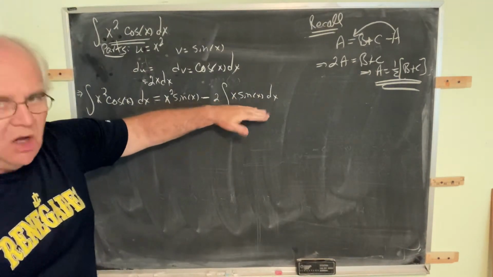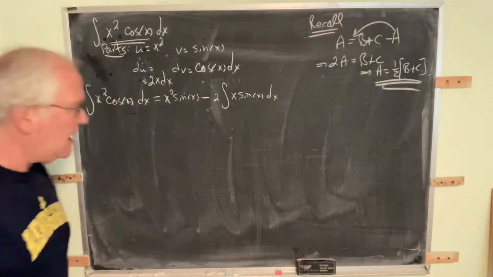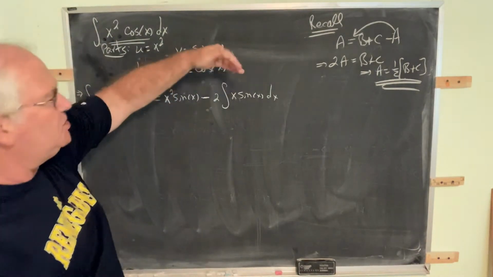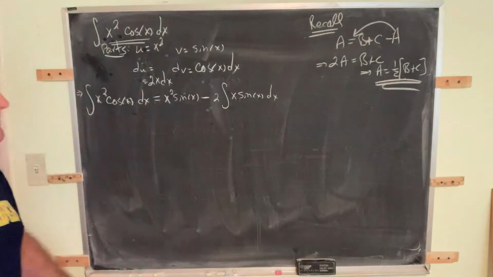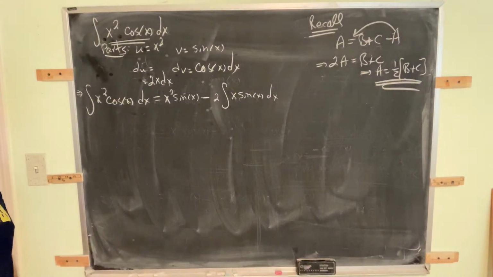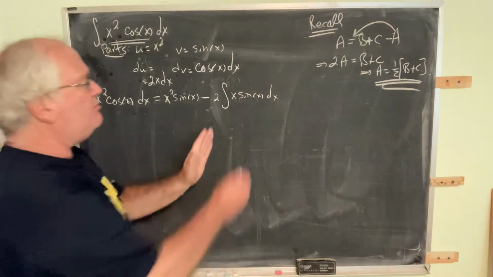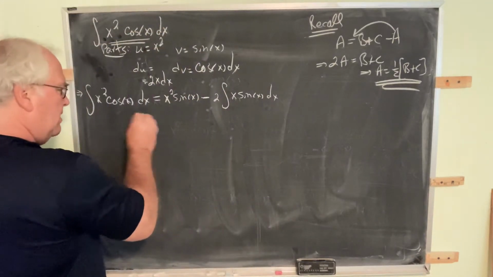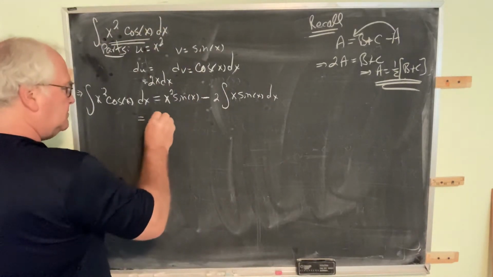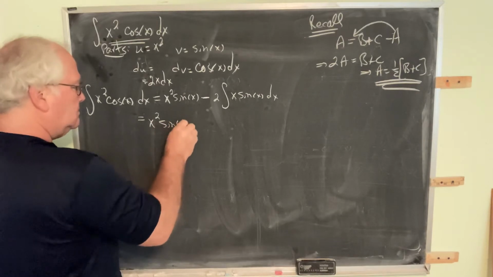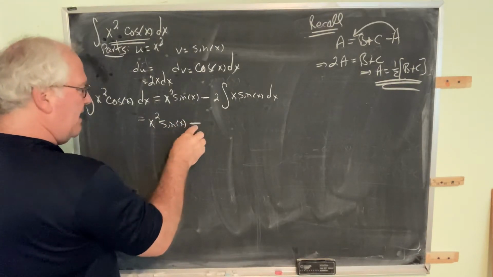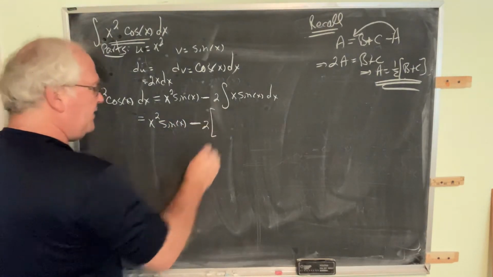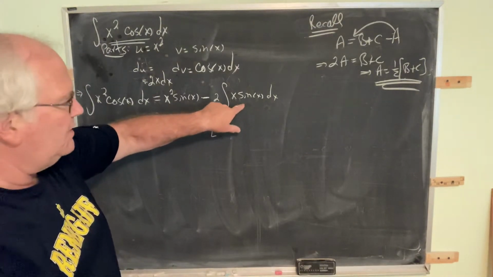That integral also requires integration by parts because it is the product of two functions, at least one of which is a transcendental function. So we're going to do parts again. I'm going to do parts just on this portion, and I'm going to bring this along. So this is minus 2 times, and everything in this bracket is the expression I'm going to compute.